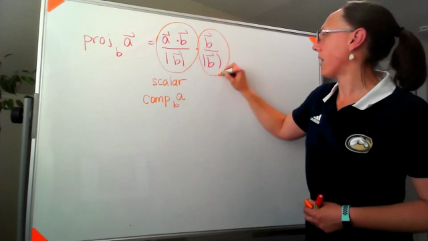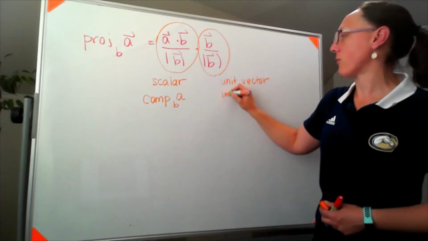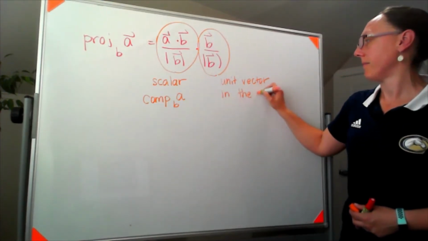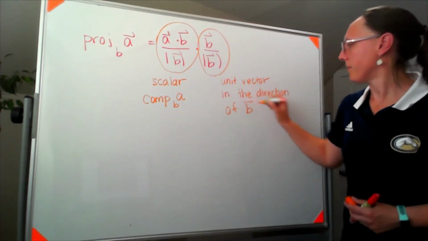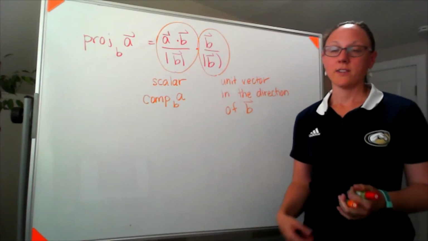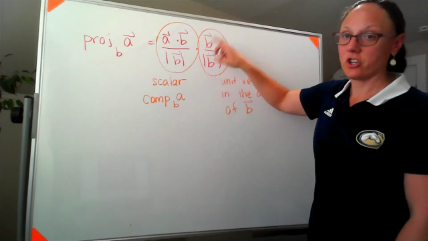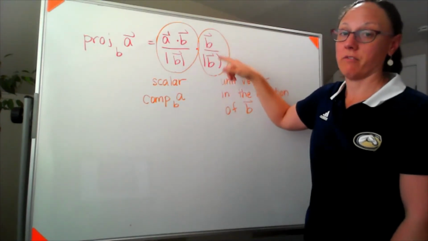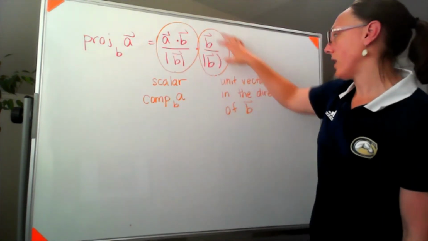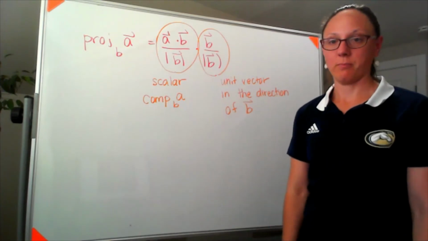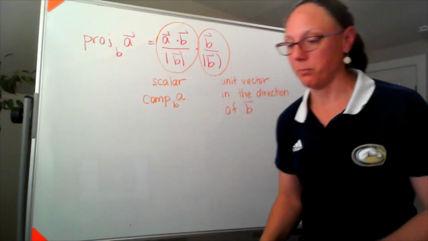This portion right here is a unit vector in the direction of B. If you're asked for a unit vector, you will take the vector and divide each component of the vector by the magnitude or the length of the vector. So that's our scalar component, and that's a unit vector in the direction of B. And together, that forms my projection of A onto B.